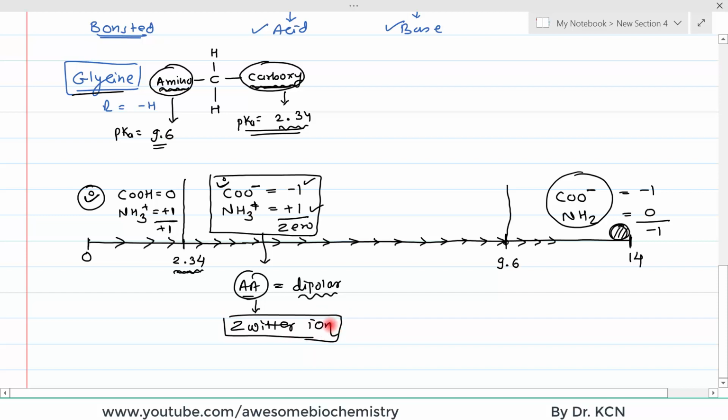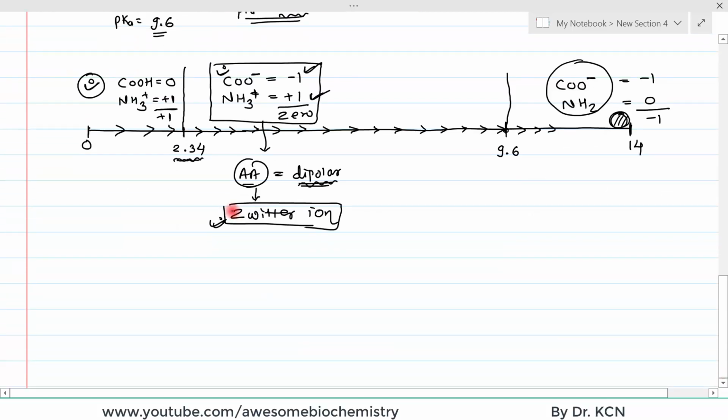The definition is that at a specific pH, at this specific pH, the amino acid carries both the charges in equal number, right? Both the charges in equal number and exists as a dipolar ion, which is known as Zwitterion. So at this point the net charge on it is 0.